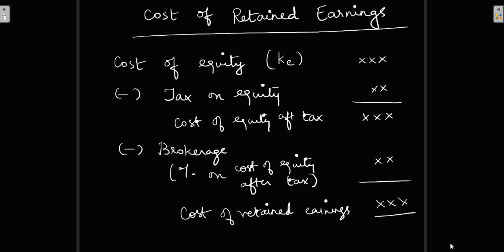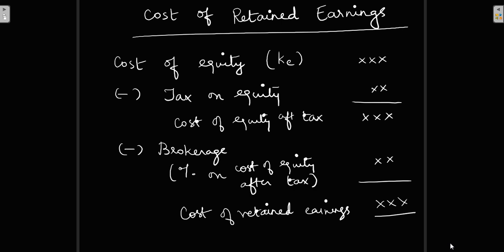So the cost of retained earnings is the same as the cost of equity capital. But in the case of retained earnings, this does not involve the payment of tax as well as flotation cost, which makes the cost of retained earnings slightly lower than the cost of equity capital.